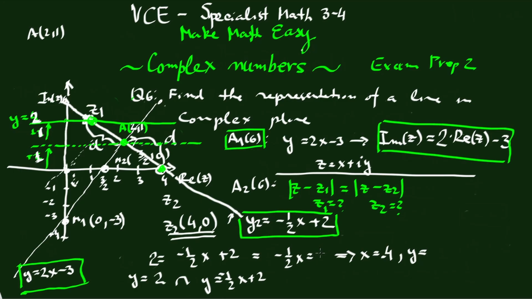Here we have equals 0, and we get that x is equal to 0, and obviously y is equal to 2. So the coordinates of z1 are (0, 2).